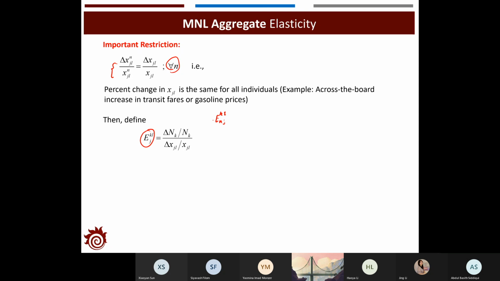But here we derive the aggregate, where we will try to see what the changes are to the whole population.